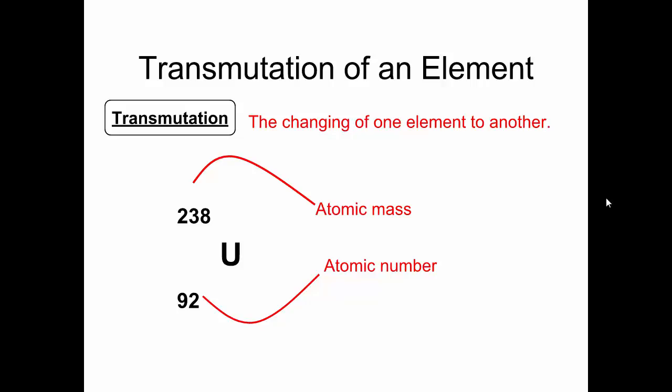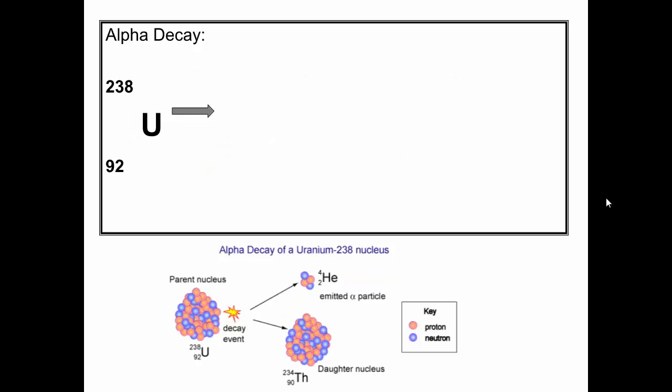So if uranium decays and gives off an alpha particle, it's going to change. So when we write out these problems, which is what you're going to have to do for homework, what you do is you just start by writing the original element, uranium 92, 238.